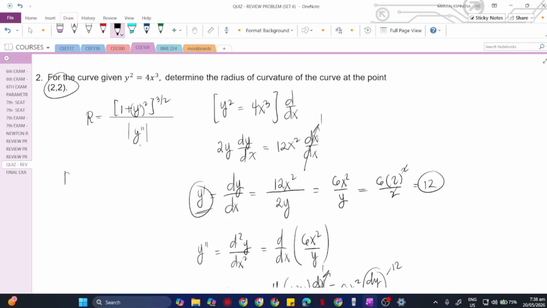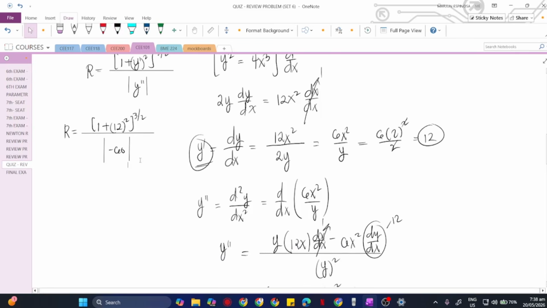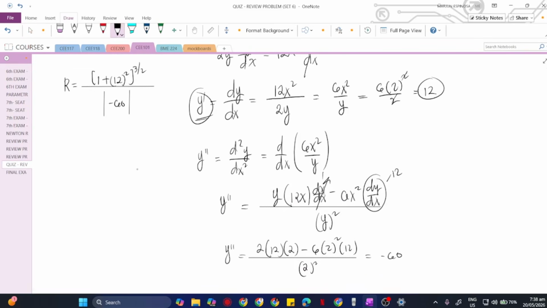Anyway, we have here the radius of curvature equivalent to 1 plus the first derivative of y, that is 12 squared, raised to 3 halves, and then the absolute value of our y double prime, or negative 60, which is equivalent to just 60.